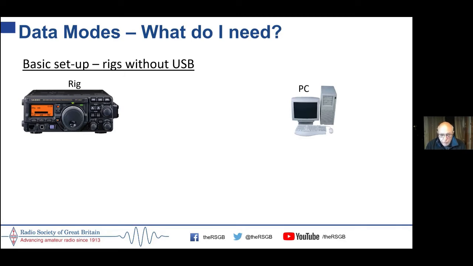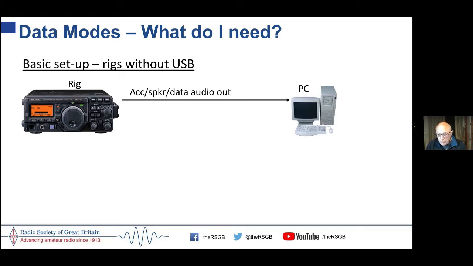The connections you need to make between the two: first, you need an audio out feed from your rig going to the PC. Now, most rigs have an audio out available on the rear panel, and it might be an accessory socket or a data out socket.